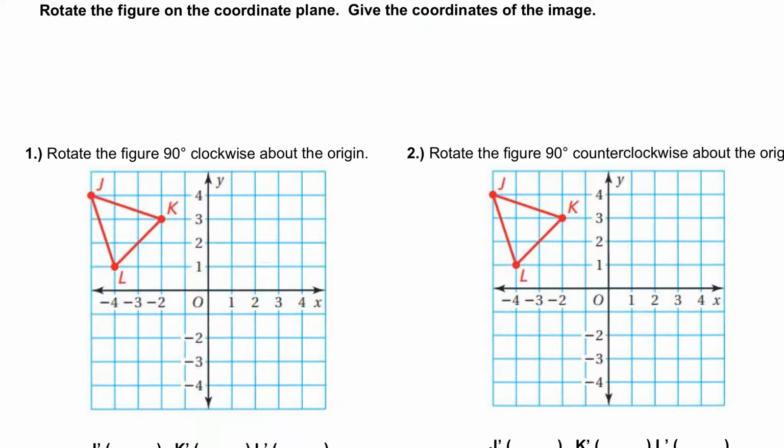The coordinates for U are over 0, up 1. So that's the point 0, 1. And that means 0, 1 is going to be the coordinates for U prime. The coordinates for L are left 5, down 1. So L prime is going to be -5, -1.